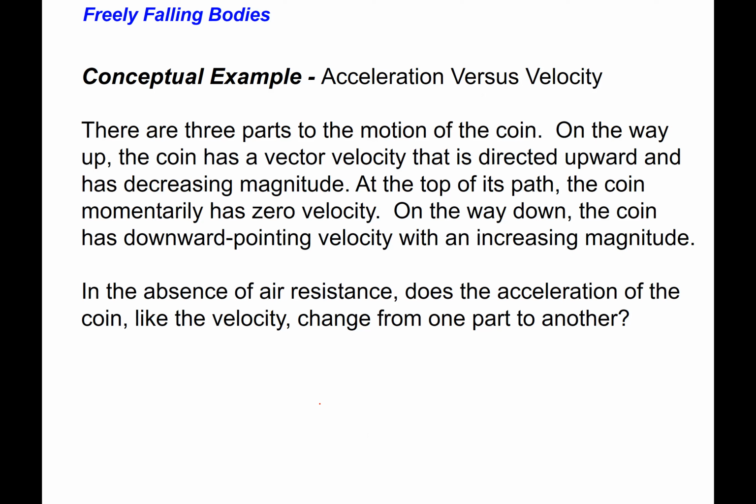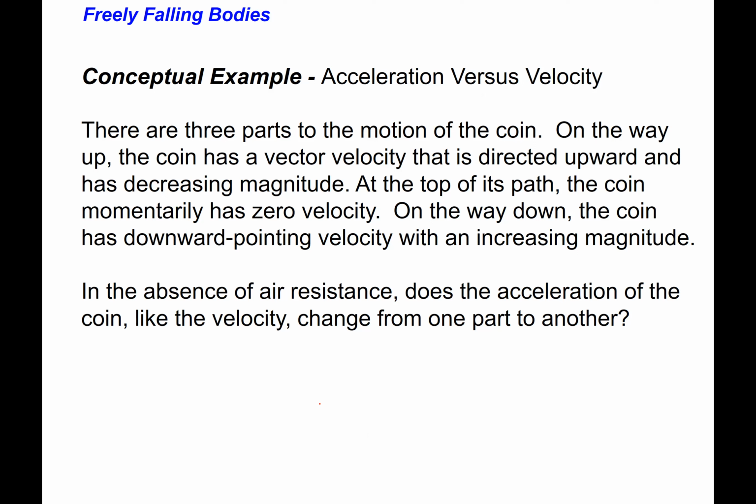At the top of its path, the coin momentarily has 0 velocity, but it's only for a moment. And then the coin begins to fall again. On the way down, the coin has downward pointing velocity with an increasing magnitude. It's getting faster and faster, but it's still moving in the negative direction.